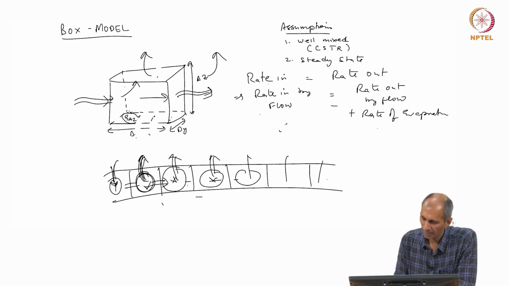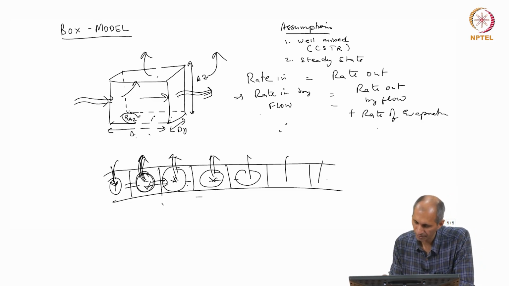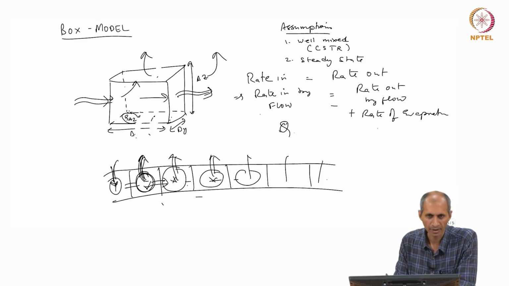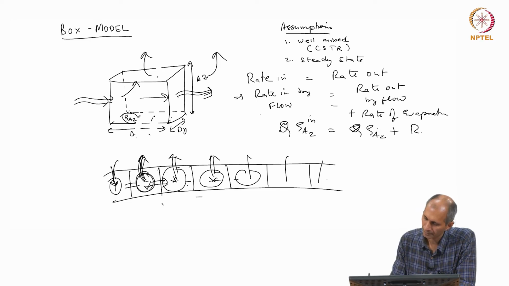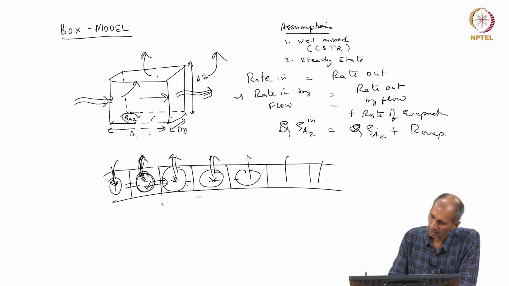So, if I put this in the form of this equation, the flow is the flow rate of the chemical multiplied by the concentration, this inlet, equals what is going out now.